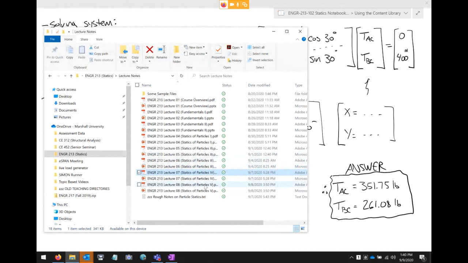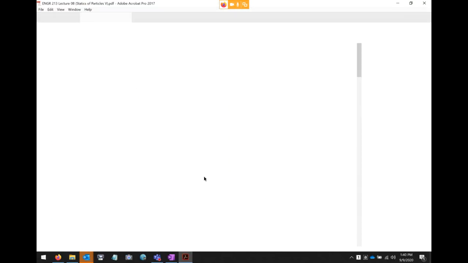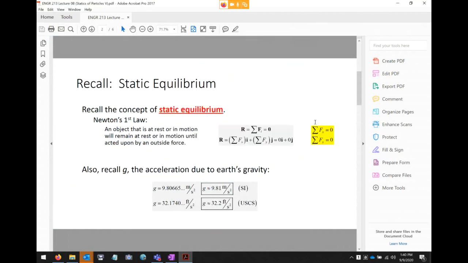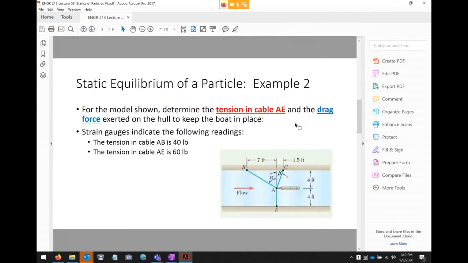All right. Now, what we're going to do next time, I want to pull something up since I've got my screen share. I'll briefly introduce my topic next time. Next time, we're going to continue this problem looking at static equilibrium.